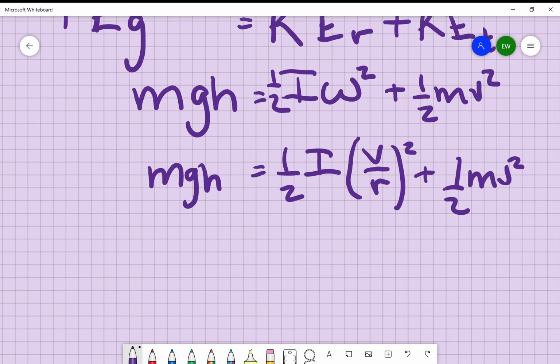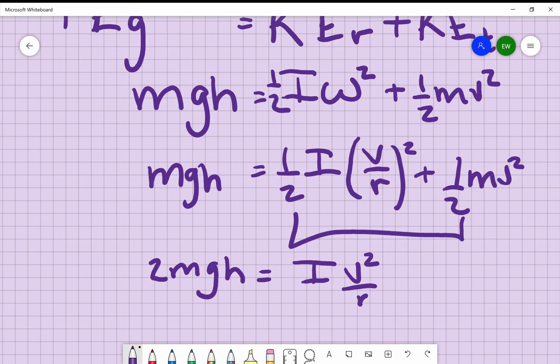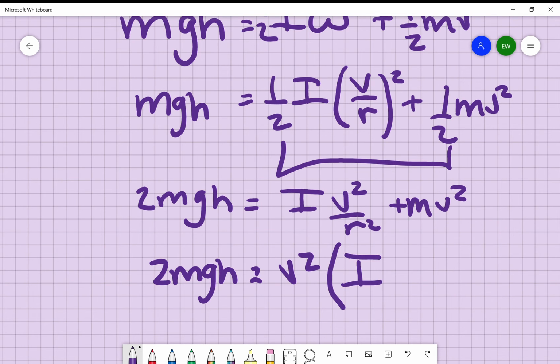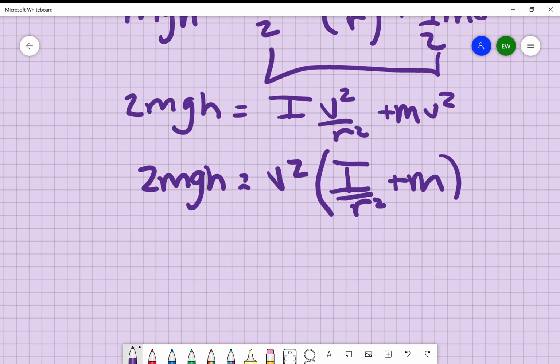Okay, I need to solve for v. And this is going to get a little wild, but that's all right. Notice I have these halves in common. In order to get rid of that, I'm going to multiply everything by 2. So 2mgh equals I v squared over r squared plus m v squared. So you have two v squareds. That means I can take out a v squared, the greatest common factor, but with letters. I'm left with I over r squared plus m. I know that doesn't look awesome, and we're not going to make it look any more awesome, because this is like doing v squared times a number, whatever that number may be.